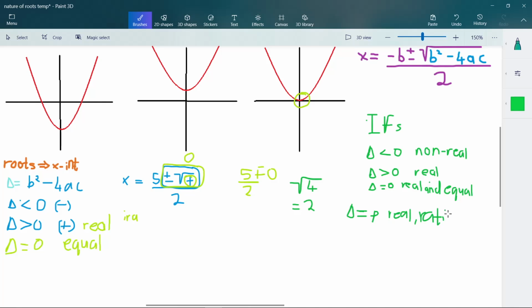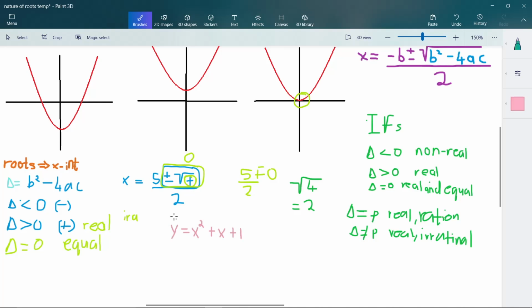Otherwise, if the discriminant is a positive number but not a perfect square, the roots will be real but they will be irrational. I hope that makes sense.